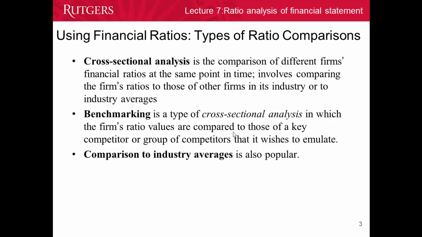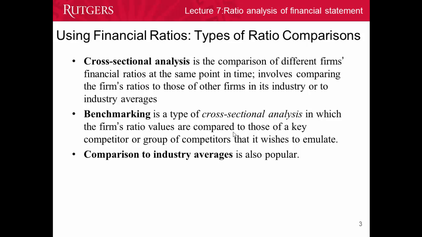There are several types of ratio comparison. The first type is cross-sectional analysis, which is a comparison of different firms' financial ratios at the same point in time. It involves comparing the firm's ratios to those of other firms in its industry or to industry averages.